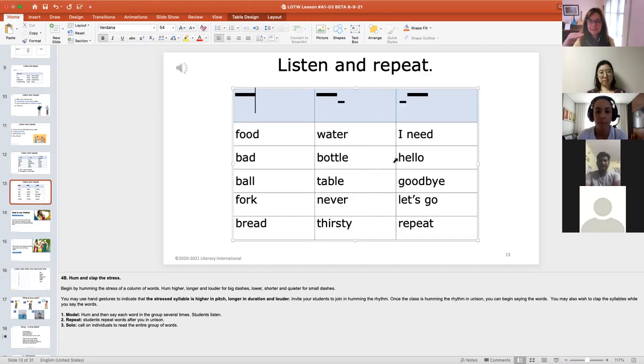Water, bottle, table, never, thirsty. And go ahead, Prakash. Water, bottle, table, neighbor, policy. Okay, good, good.